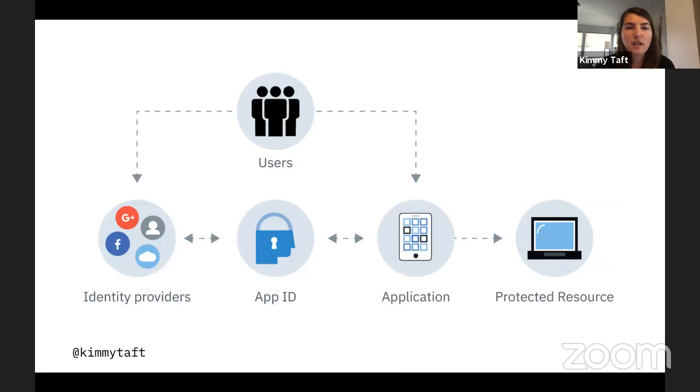So here's an overview diagram of how App ID works, or App ID in a nutshell, if you will. So as a recap, it's a service to add authentication and authorization capabilities to your applications. It connects identity providers to your application in an industry standard way.